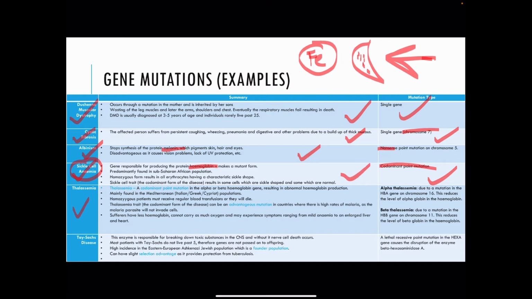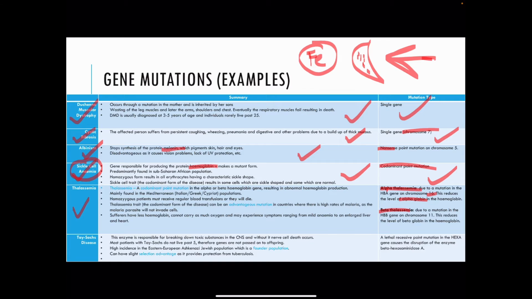Now, there are two types of thalassemia, alpha and beta. Alpha thalassemia is due to a mutation in the HBA gene on chromosome 16. This reduces the levels specifically of the alpha globin chain in the hemoglobin.